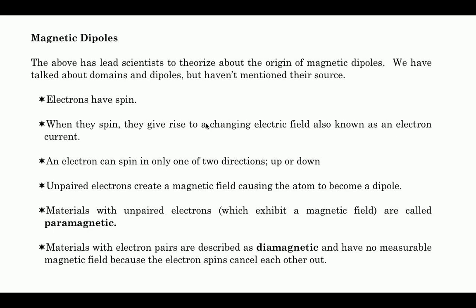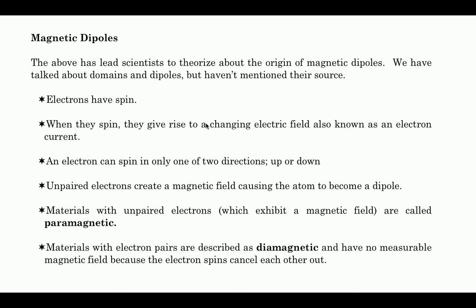It turns out all electrons have spin, and when electrons spin, they give rise to a changing electric field, called an electron current. An electron can spin in only one of two directions: either spin up or spin down.